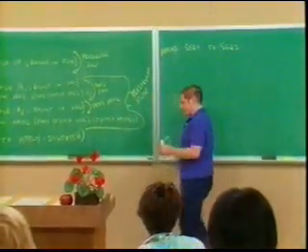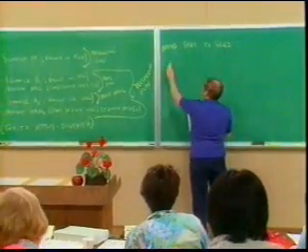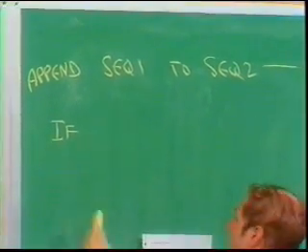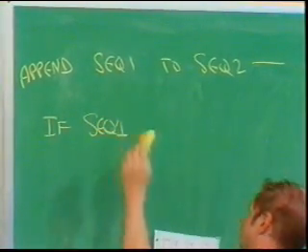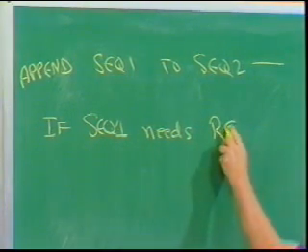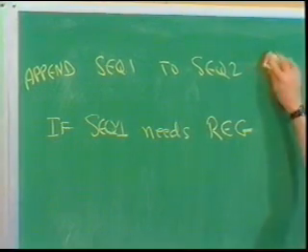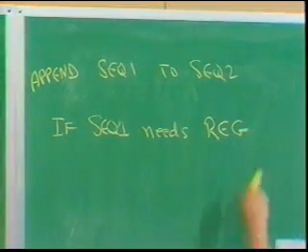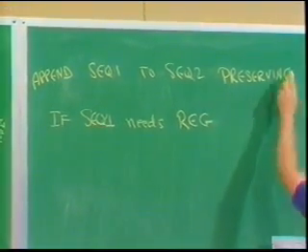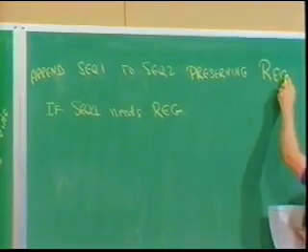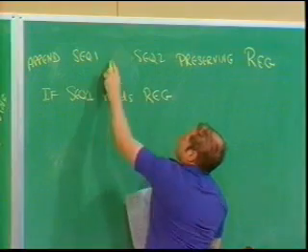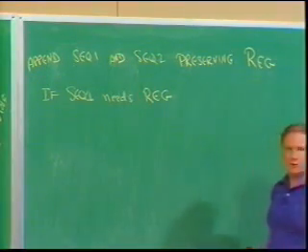So the actual append operation looks like this. Here's what it means to append two code sequences: if sequence 1 needs a register, I should change this, append sequence 1 and sequence 2, preserving some register. Let me say "and", so it's clear that sequence 1 comes first.